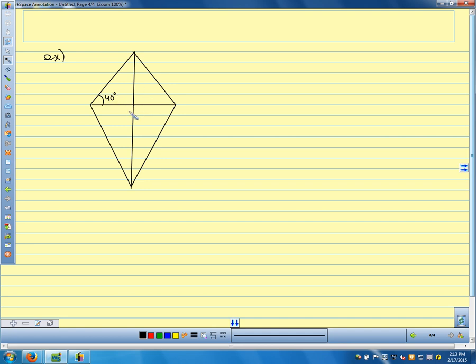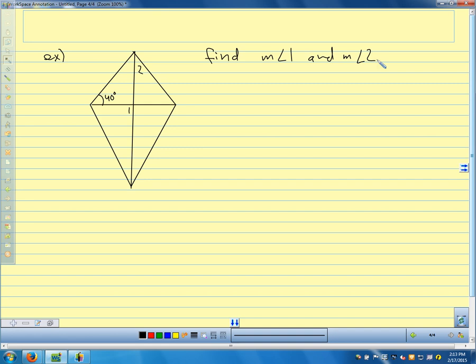This is angle 1, and this is angle 2. If I measure angle 1, measure angle 2. All right, so we know we have a kite.